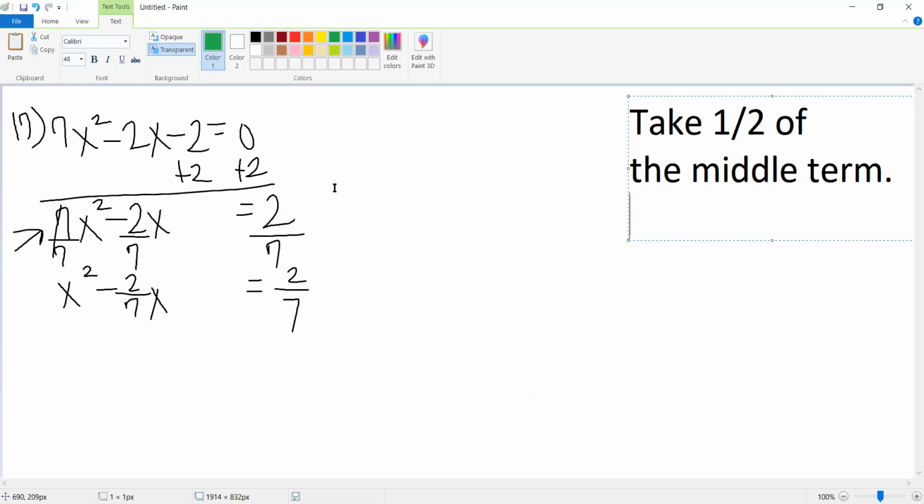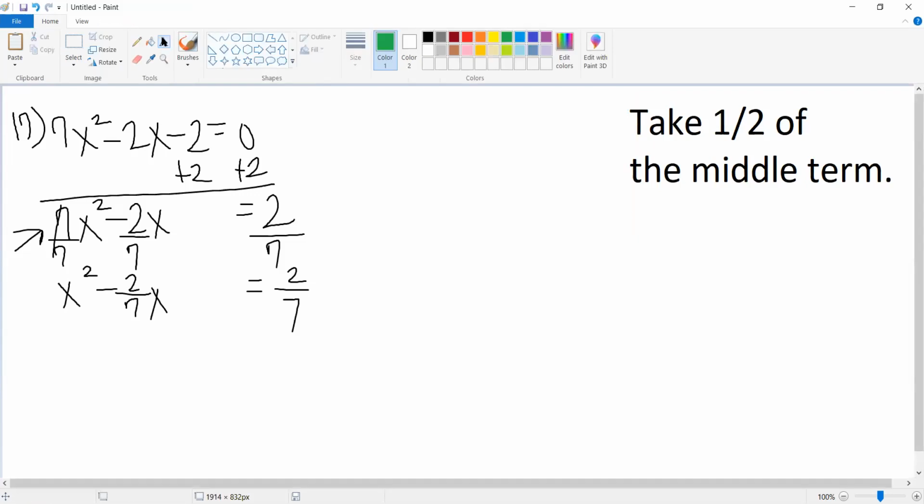So half of negative 2 over 7, I'm sorry. Well, you just multiply by 1/2. So the 2's cancel and we're left with negative 1 over 7.